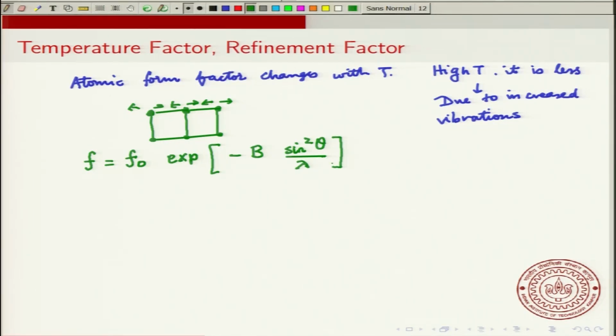Okay. Now, this factor b is equal to 8 pi square u bar square. U bar square is the mean square displacement.